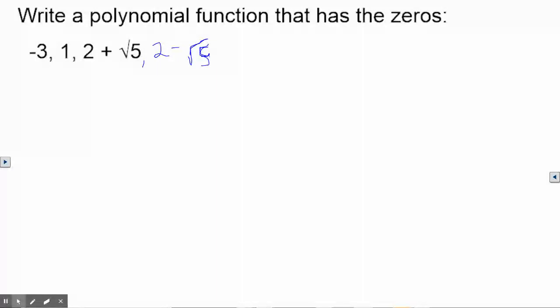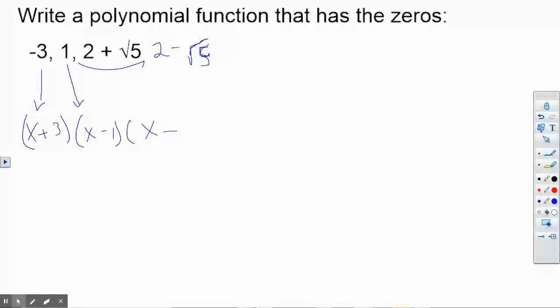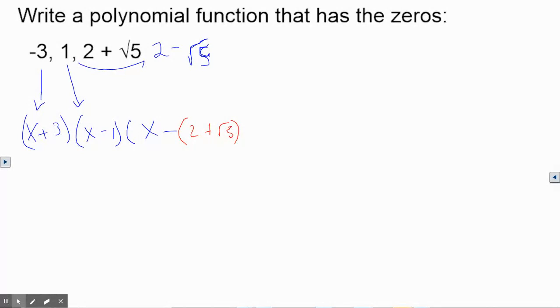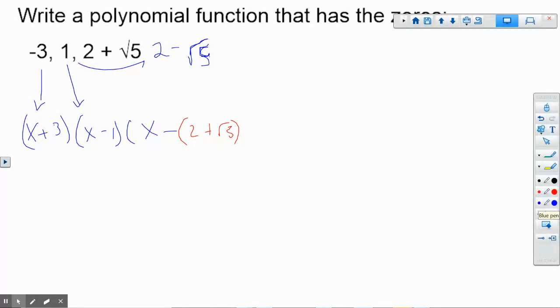All right. So here's where this gets a little bit messy, but we'll see what happens. If negative 3 is a zero, then that means that x plus 3 is a factor. If 1 is a zero, then x minus 1 is a factor. If this is a zero, then x minus 2 plus the square root of 5 is a factor.